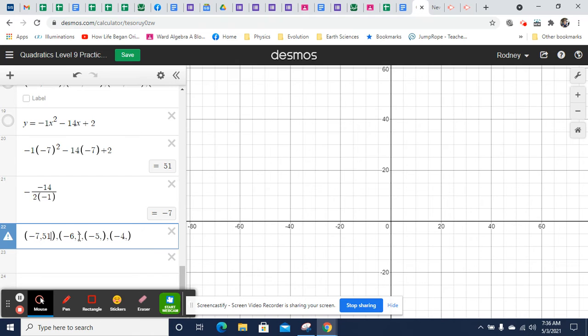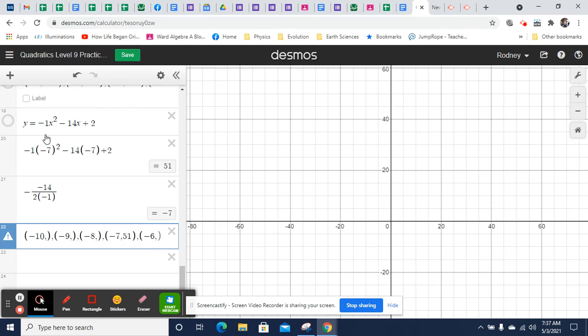And then on the left, I've got to do the same thing. So I'm going to go -8, -9, and -10. But I've got to go ahead and figure out what those values are going to be.